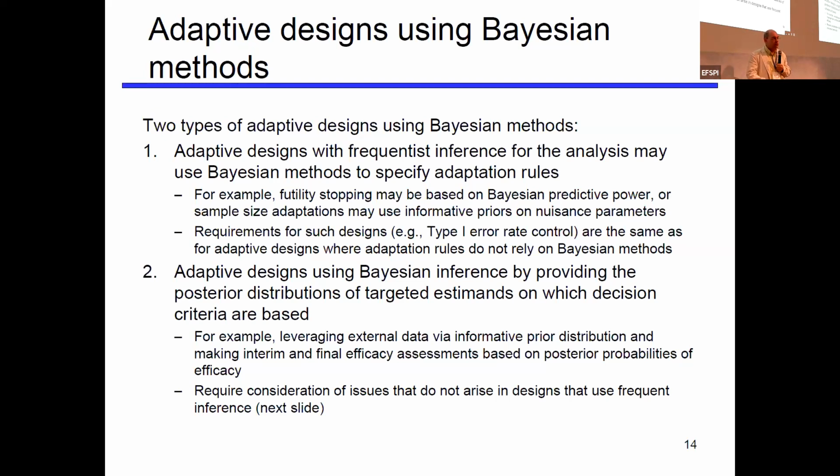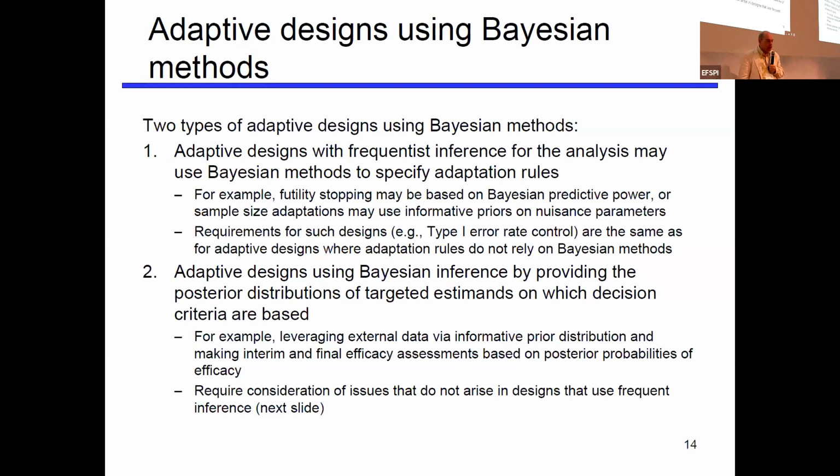So this would be one possibility where otherwise the final inference is fully frequentist. It's only for the futility stop that you could use, for example, Bayesian predictive powers. These designs otherwise would be fully frequentist, and therefore the standard requirements, the planning aspects and all this, would be fairly standard with respect to the final analysis.